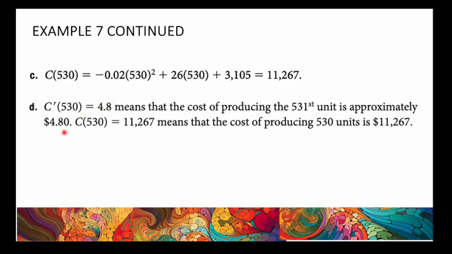And remember, this is only approximate. If you want the exact cost, you have to plug 530 and 531 into the cost function and then find the difference. Now, when we evaluate the cost function at 530, that's going to give us the actual cost. So that's what we found here. That is the amount of money it's going to cost for producing 530 units.